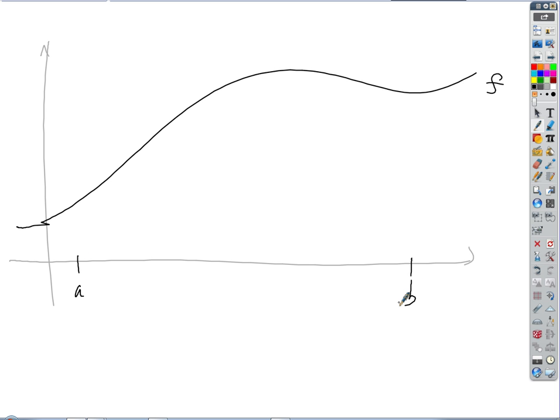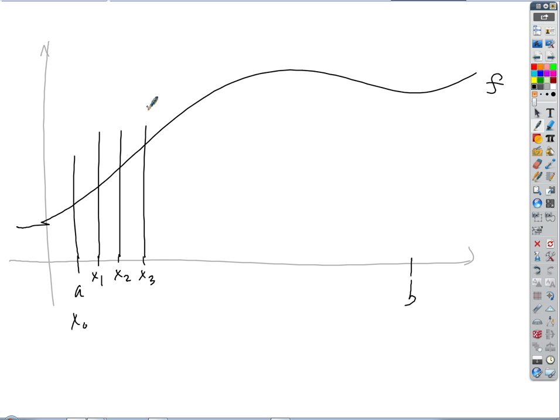Well, this is just the same as x sub 0. That's x sub 1, that's x sub 2, x sub 3, etc., right? And so these just define the trapezoids, right? All the way over to x sub n. Okay, well let's look at these. Let's just look at these and add up the areas.